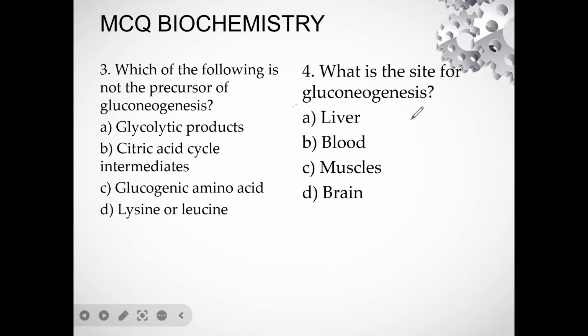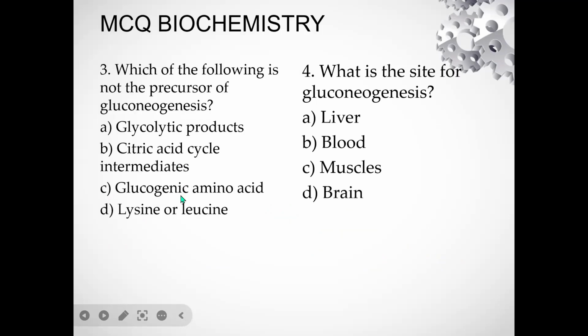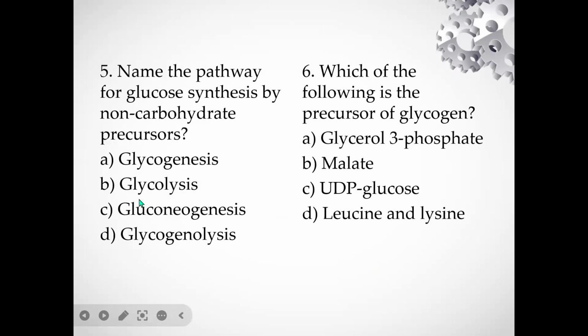So therefore, here the answer is option E. Then the next question says, name the pathway for glucose synthesis by non-carbohydrate precursors. The pathway is gluconeogenesis. When you synthesize glucose from non-carbohydrate precursors, the process is called gluconeogenesis.